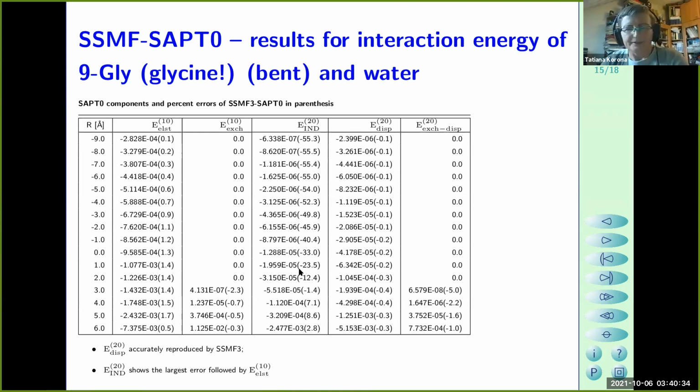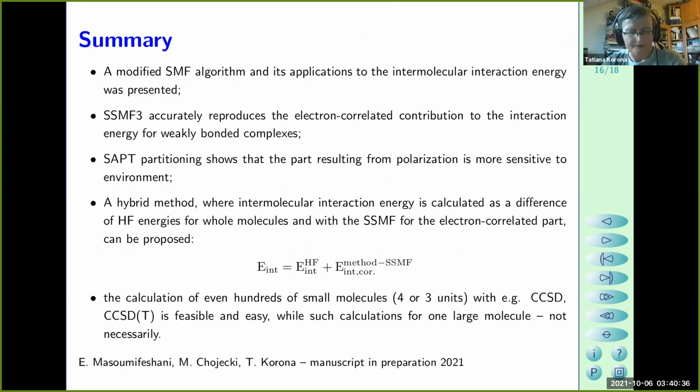Okay, so summarizing, I showed the behavior of the modified systematic molecular fragmentation algorithm for the intermolecular interaction energy. I divided this intermolecular interaction energy into the electron correlated part and the Hartree-Fock part.